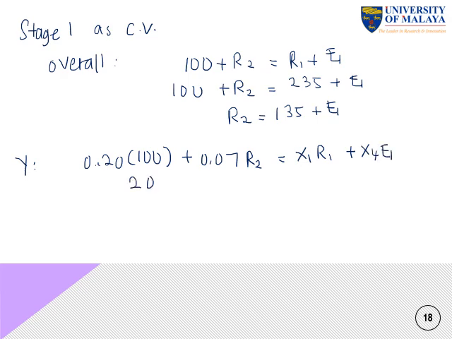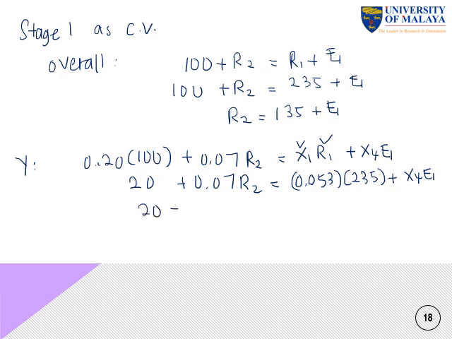Simplify the equation. 0.07 R2 equals to, since you have found x1 and R1, you can just plug in the numbers. 0.053 times 235 plus x4 E1. Then you simplify the equation.